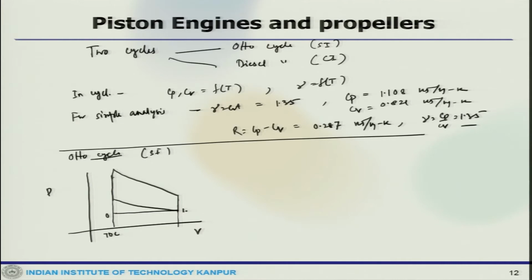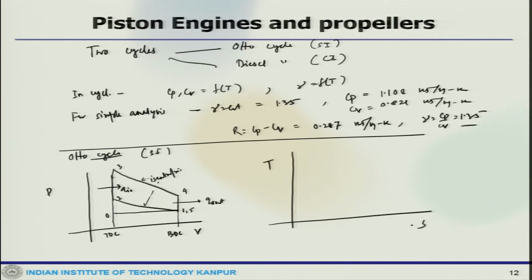So, this is 1, 5, 2, 3, 4. This is where heat is out, combustion in, then this process is isentropic, and that is the same for this one also, and this is the bottom dead center.